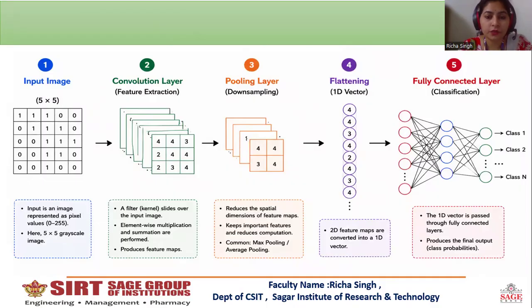Flattening means dimensionality reduction by converting the 2 by 2 pixel image into one dimension, that means a single node which stores some value. These single values we provide to the fully connected layer, and here we are getting the output, which is known as classification.